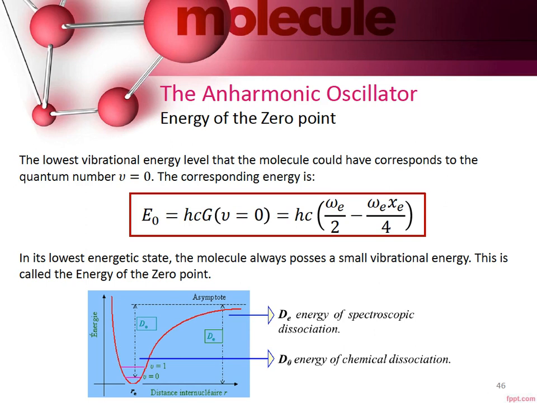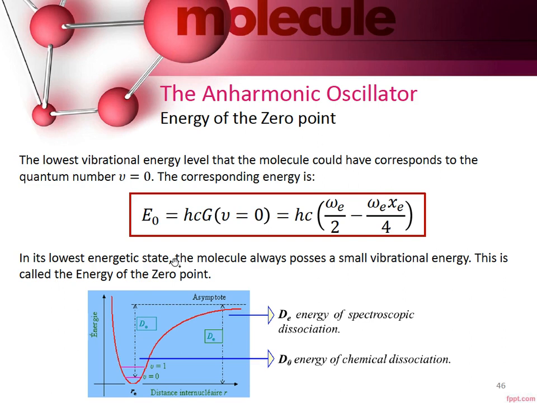Now, D0 is just the same, but instead of getting the reference value as the 0 on the spectra, we just get the reference value as E0. So there is a small difference. DE is D0 plus E0.